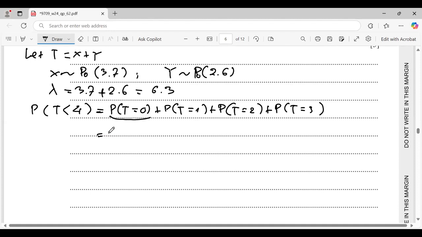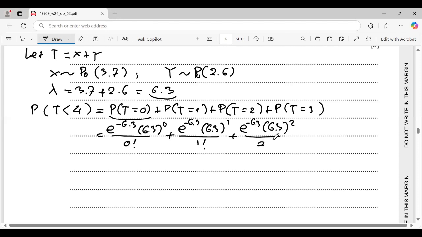So this probability is e to the power minus 6.3, because lambda is 6.3, times 6.3 to the power 0 over 0 factorial, plus e to the power minus 6.3 times 6.3 to the power 1 over 1 factorial, plus e to the power minus 6.3 times 6.3 squared over 2 factorial, plus e to the power minus 6.3 times 6.3 cubed over 3 factorial.